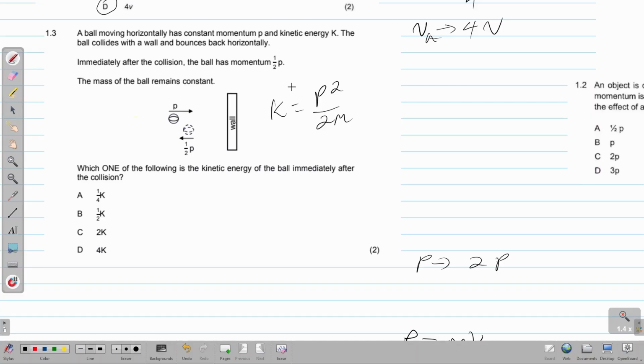So if momentum changes by half, then the kinetic energy will also change by half, but squared. That's half squared, which gives us 1 over 4. So the new K, K prime, is a quarter of the original kinetic energy. So the correct answer here is A. Okay.